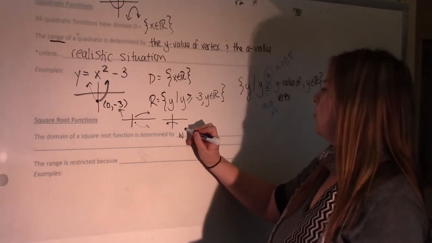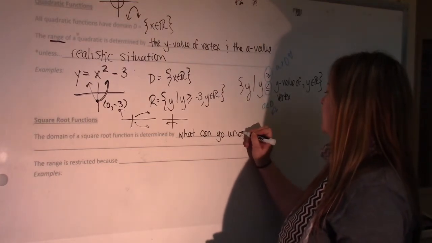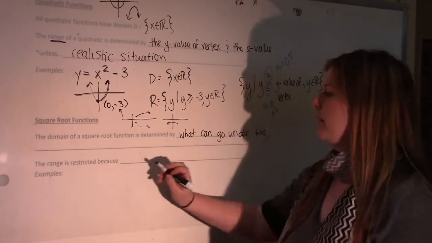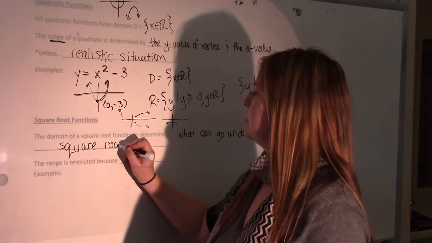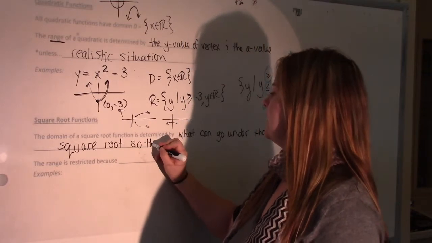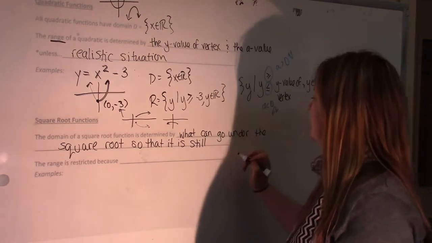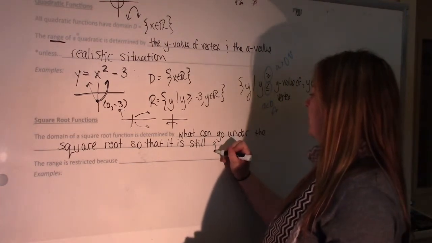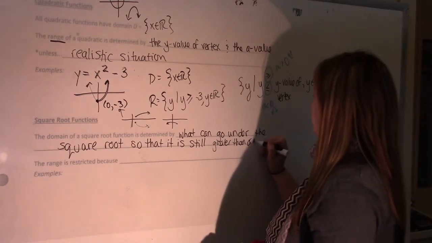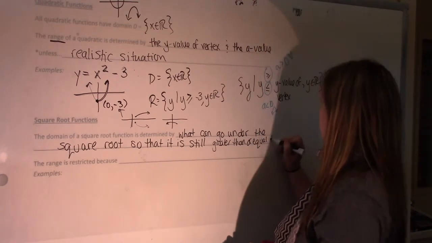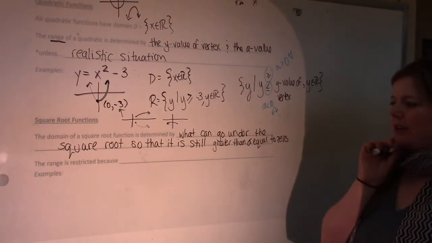So what can go under the square root so that it is still greater than or equal to 0. So let's look at an example before we get to range.